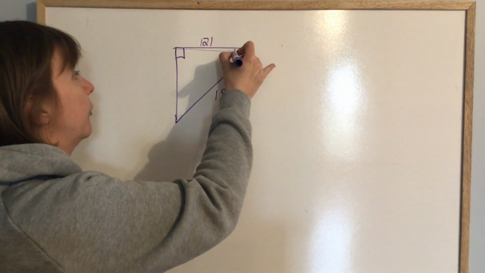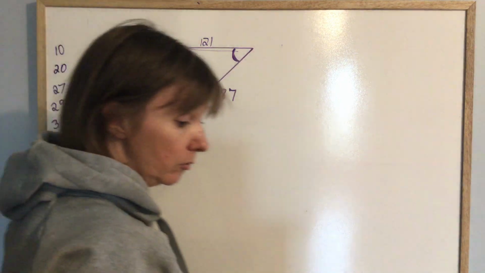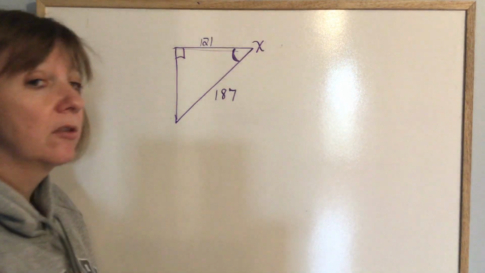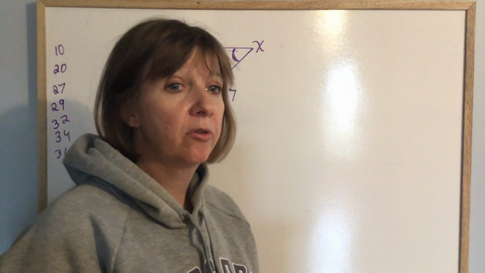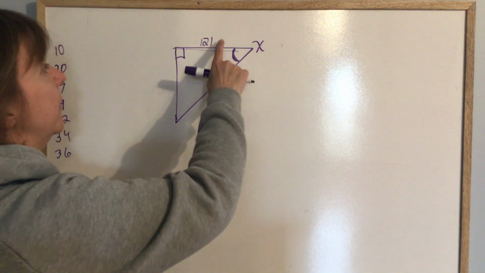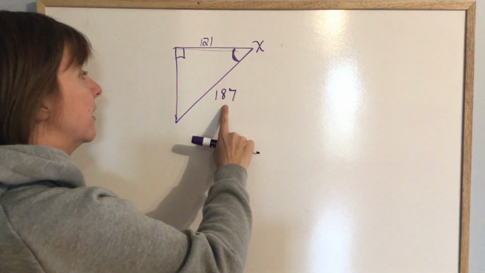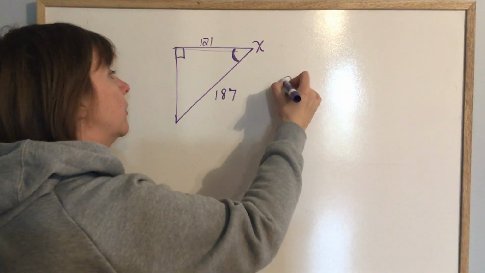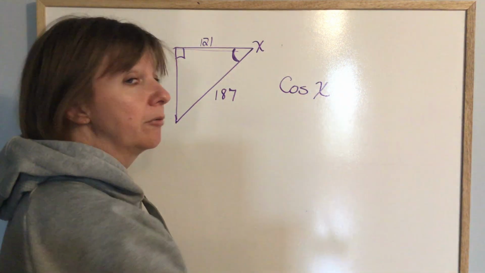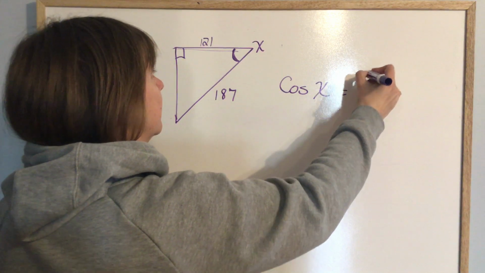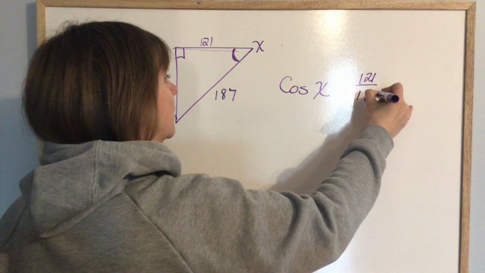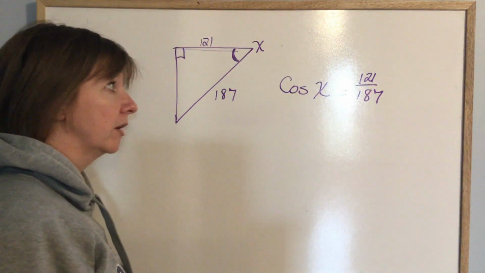They simply asked for what is this angle right here, which is angle X. So because it's right angle, we're going to use SOHCAHTOA, sine, cosine, tangent. And because we know the adjacent side and the hypotenuse side, we are going to say the cos ratio, using X as our reference angle, is the adjacent side over the hypotenuse side.